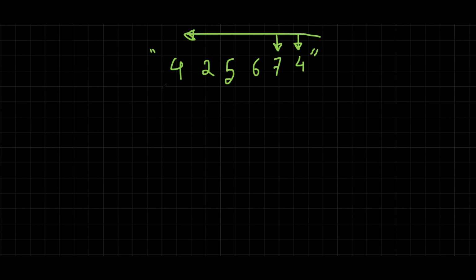Now we have to extract this substring, which is 4, 2, 5, 6, and 7. According to the greedy algorithm, this is the largest possible odd number we can get as a substring.